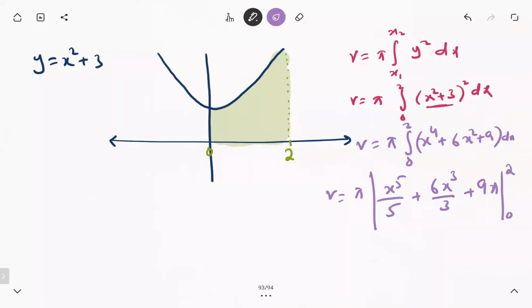40.4. No, 40.4 pi. So when I'm saying three significant figures, you need to put pi in the calculator as well. Then what will that be? It will be 127, correct to three significant figures, right?